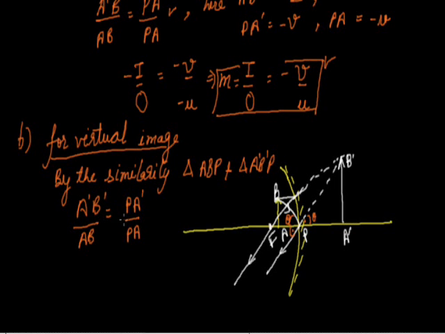Here, as both the object and the image are upside of the principal axis, both are taken positive here like this.